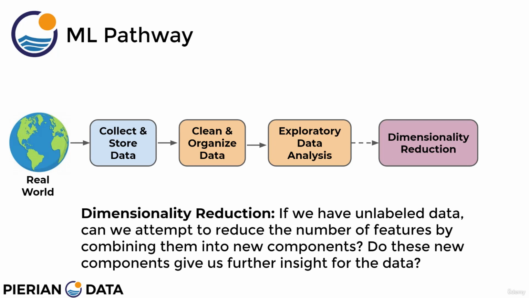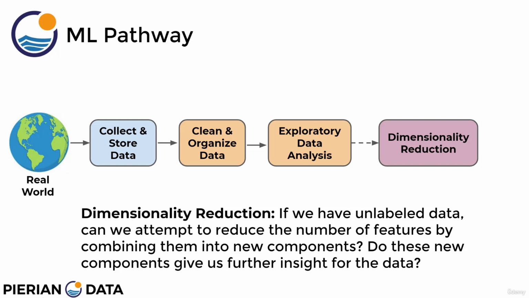So again, if we have unlabeled data, can we actually attempt to reduce the number of features by combining them into new components? And do these new components give us further insight for the data? So often, you're going to be dealing with really large data sets with many features. And for a human to actually discover insights into the data, having something like 25 features is really unwieldy, and it's hard to actually understand what are the important features or how the data is actually dispersed between groupings or clusters.